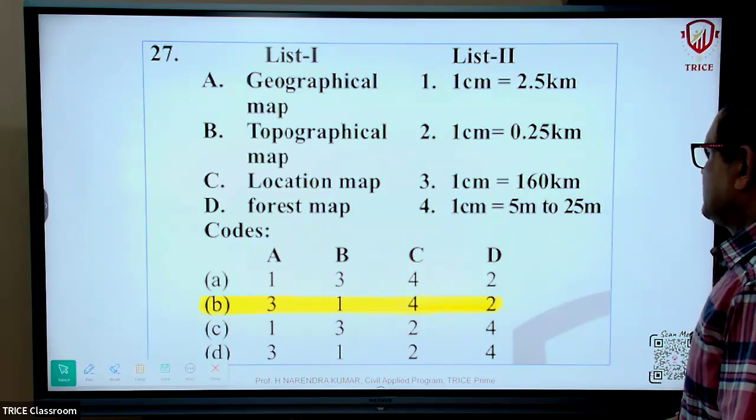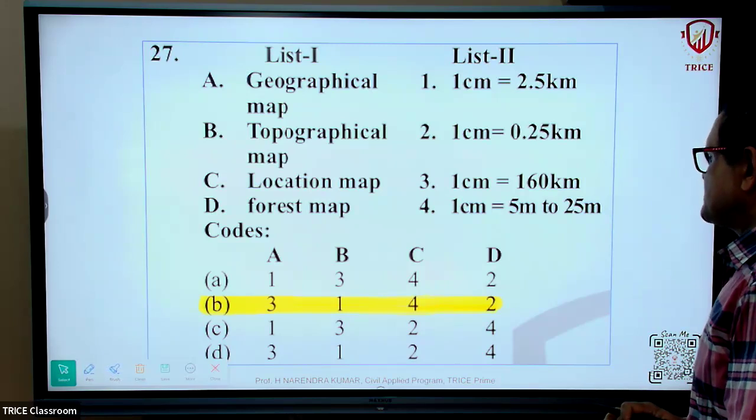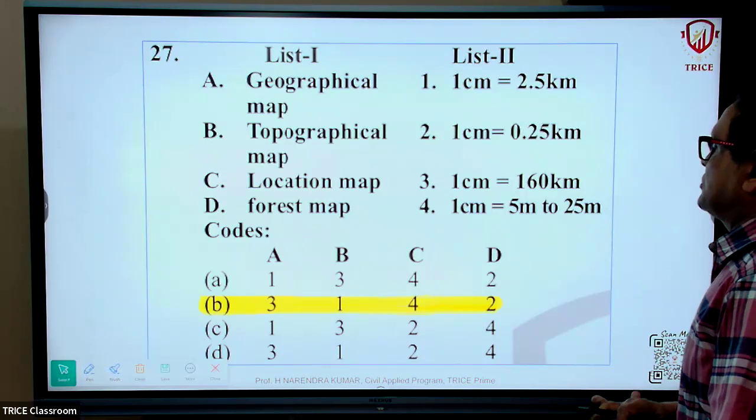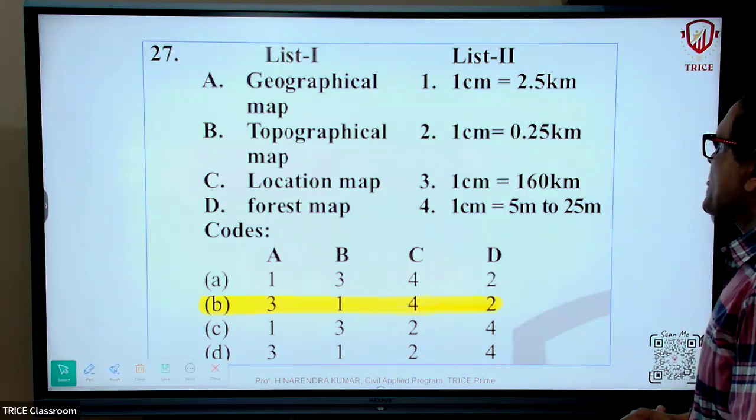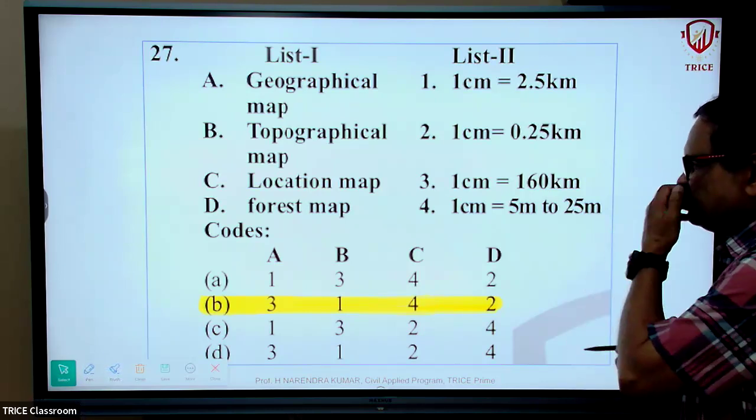Okay, so these are all the answers. Here, first of all, we need to identify the realistic values.